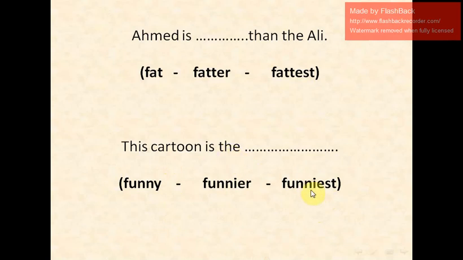This cartoon is the funniest one. I cannot say this cartoon is the funny. If I just want to describe the cartoon, I will say this cartoon is funny and that's it. But since you have this keyword the funniest, the cutest, the smartest, the fattest. So always you find the before adjectives that are comparing three or more.